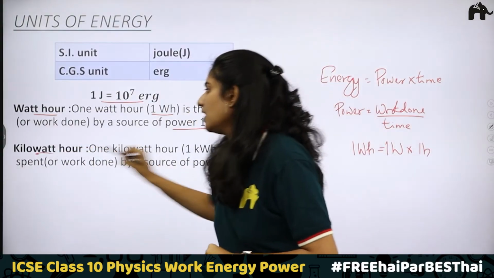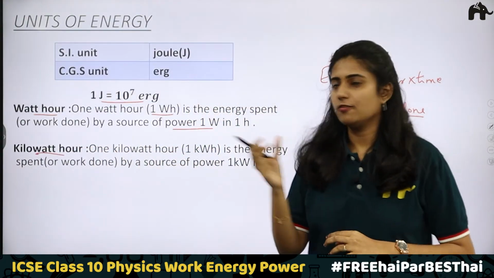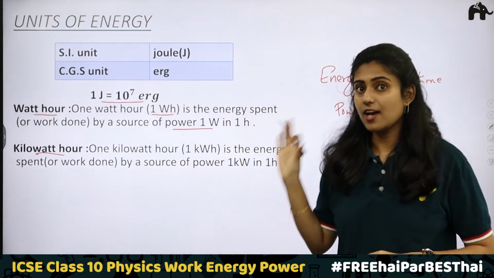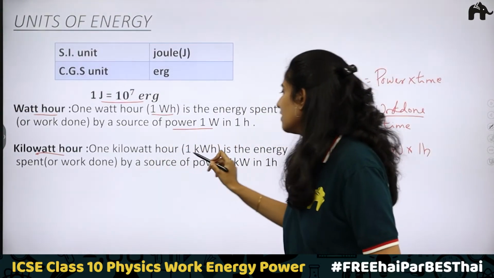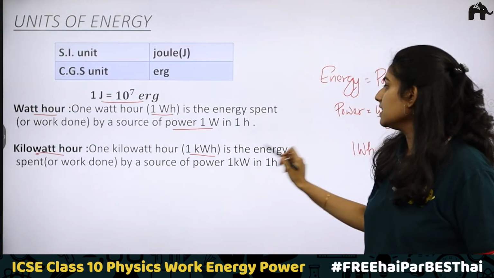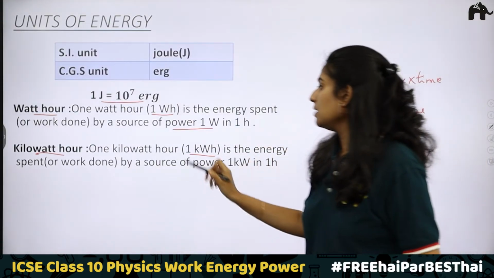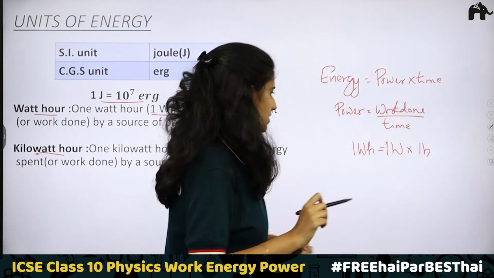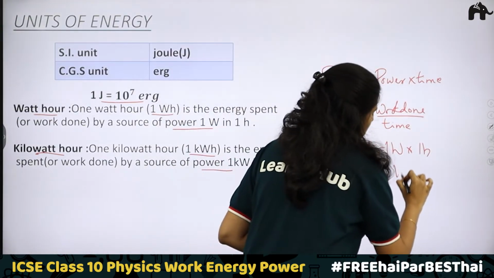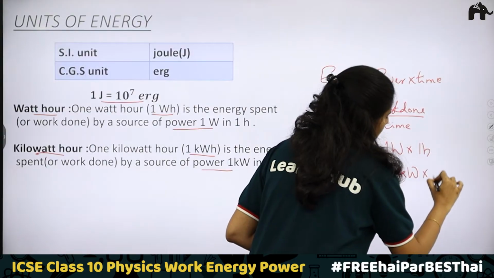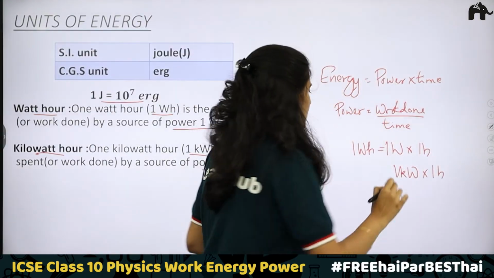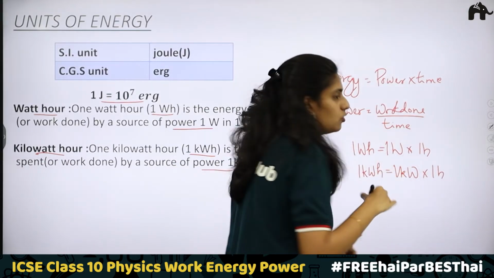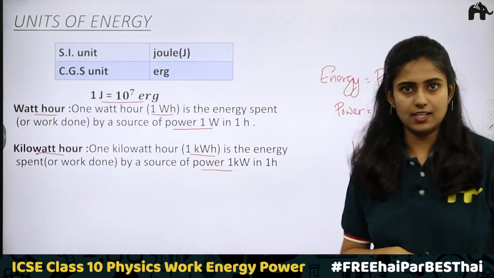Next is kilowatt hour. Kilowatt hour is a bigger unit. Kilowatt is a unit of power. 1 kilowatt hour, 1 kWh, is the energy spent or work done by a source of power 1 kilowatt in 1 hour. So when power is 1 kilowatt and time taken is 1 hour, then this is equal to 1 kilowatt hour of work done or 1 kilowatt hour energy.